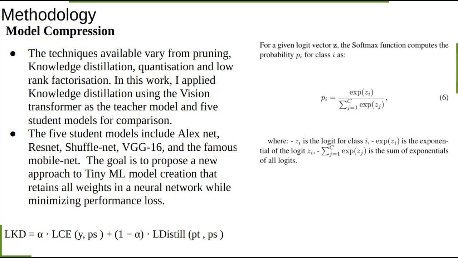Now, the goal is to propose a new approach to tiny machine learning model creation that retains all weights in the neural network while minimizing performance loss. Weights are not retained in pruning and also quantization, where weights are chopped.